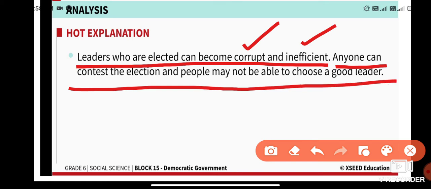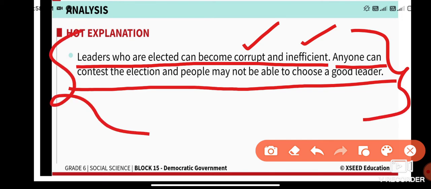Sometimes the public tends to go for more money, for the candidate who gives us more money rather than looking at the good qualities of a person. We run after money, we run after resources.